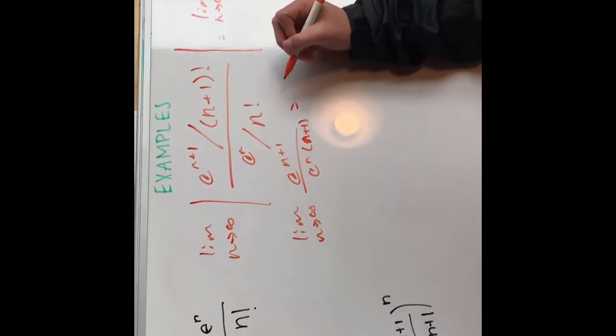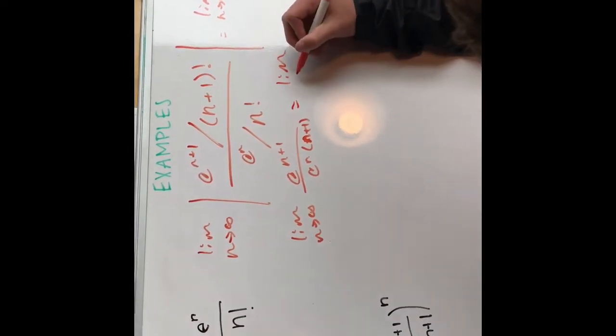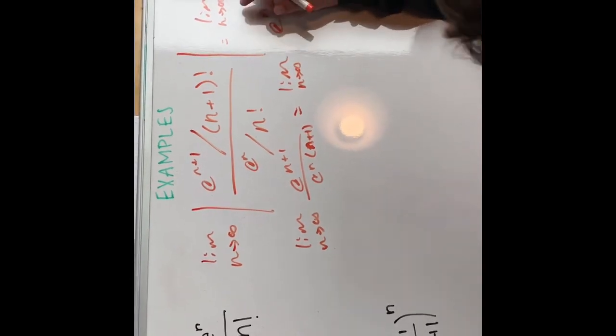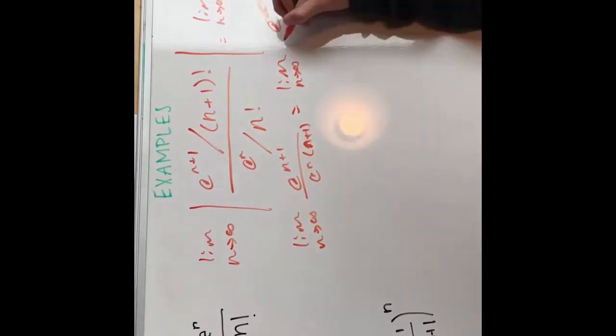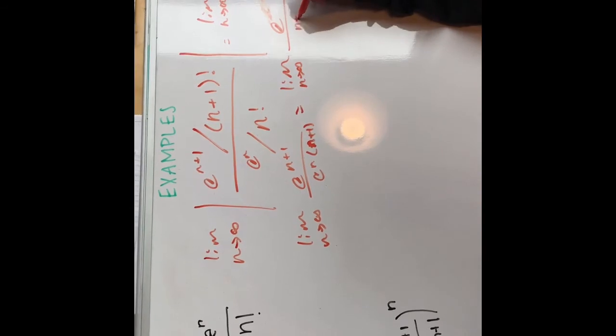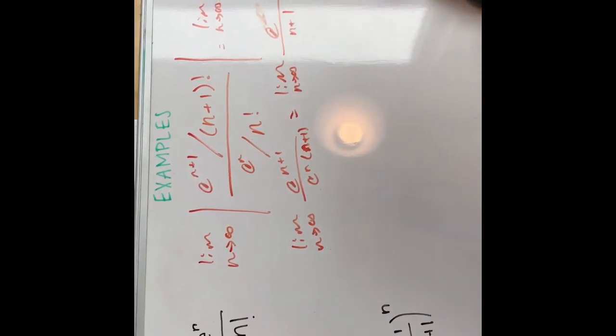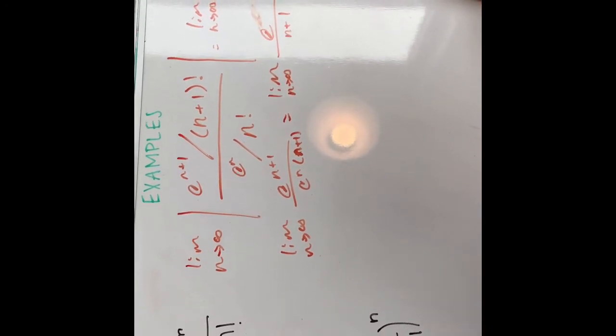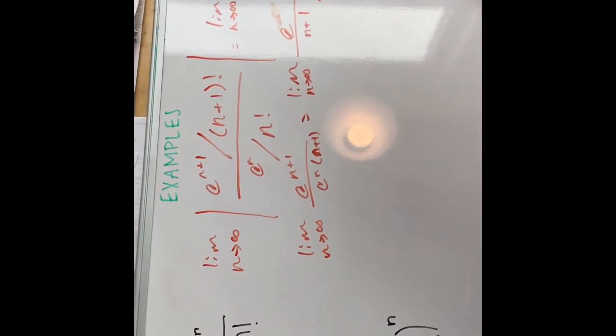Then, keep simplifying. Limit as n approaches infinity of e, because you can cancel these out, over n plus 1. And we can easily see that the limit as n approaches infinity equals 0, which is less than 1. Therefore, the series converges by the ratio test.